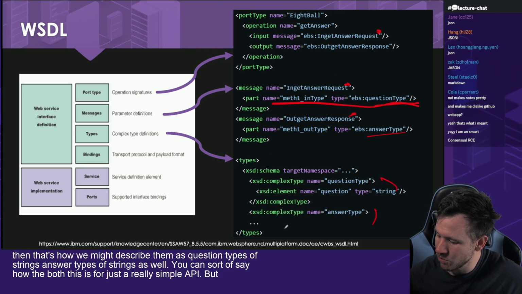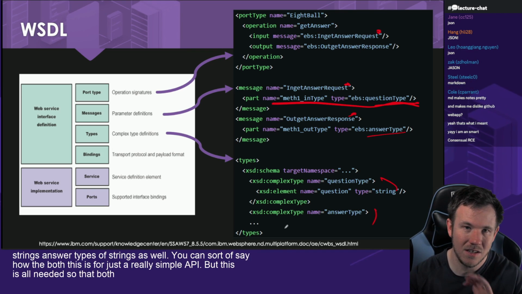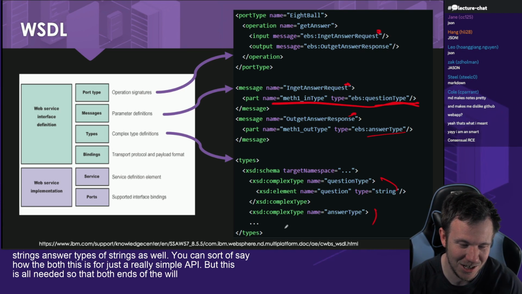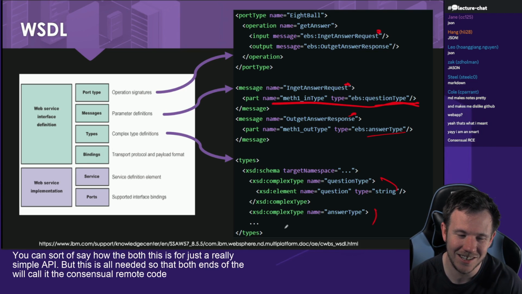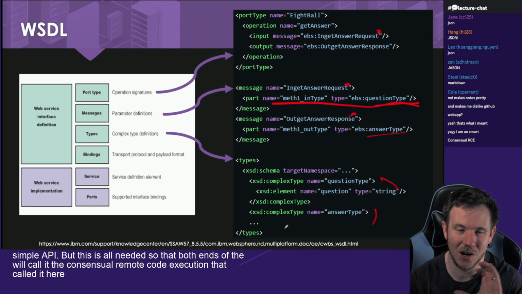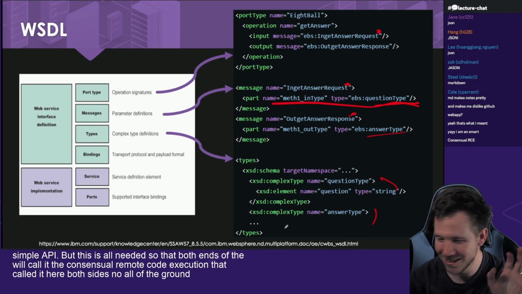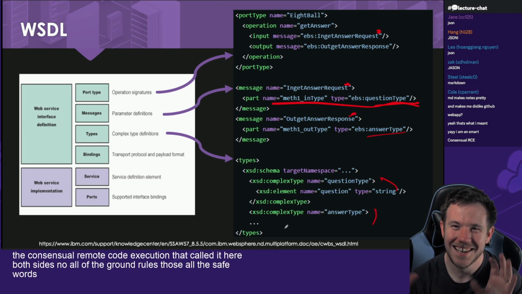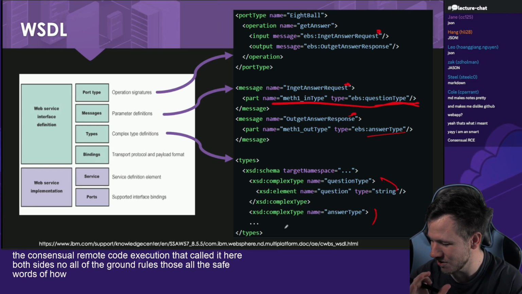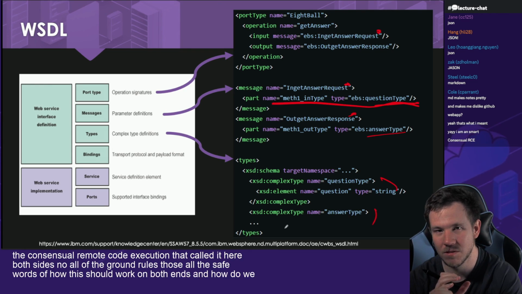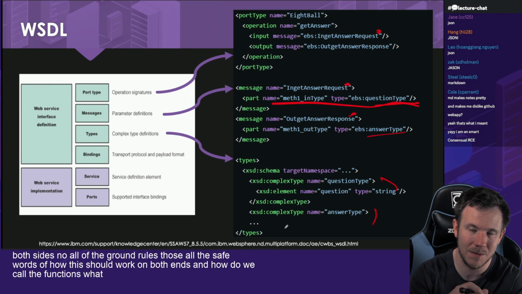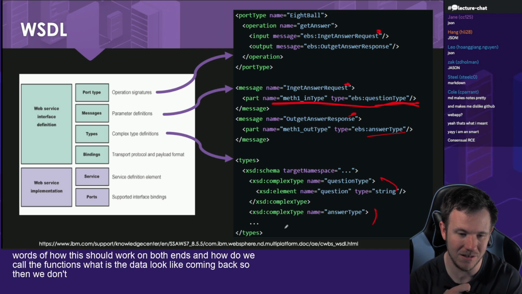But this is all needed so that both ends of what Cole called the consensual remote code execution both know all of the ground rules, all of the safe words of how this should work: how do we call the functions, what does the data look like coming back, so then we don't have any errors on either side.